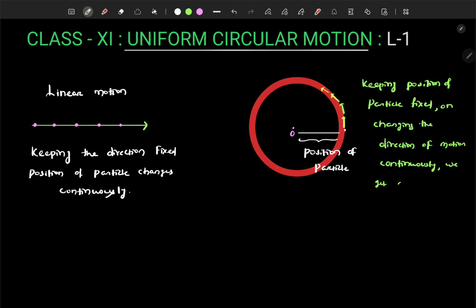This is the basic difference between linear motion and circular motion.